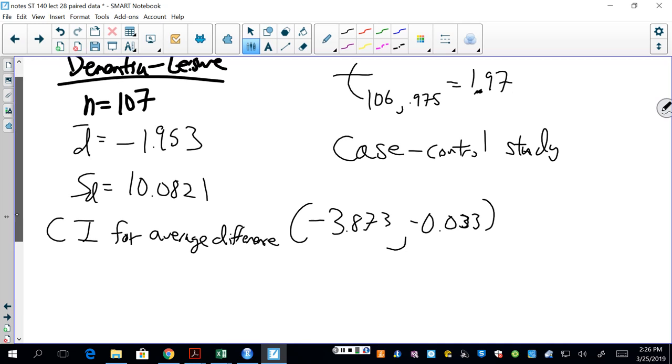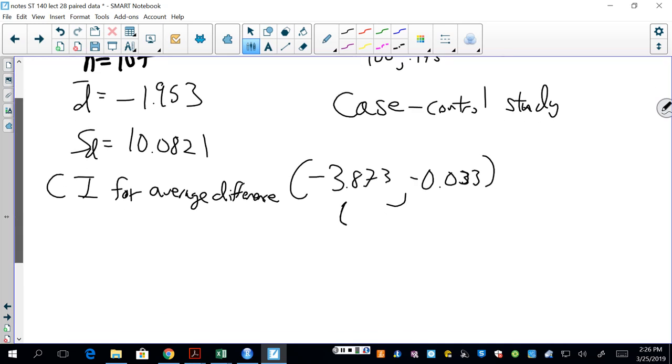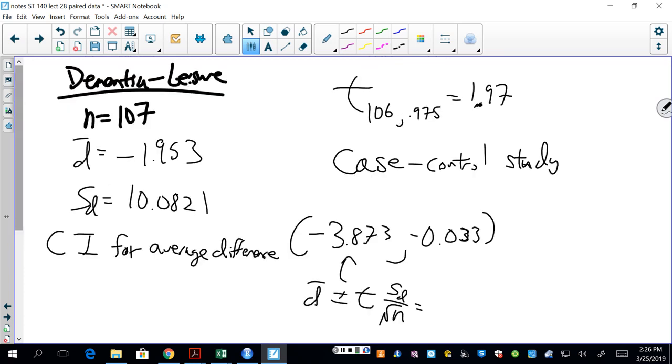So what did you do to calculate, say, the lower one? For the lower one, I did a t statistic. So I did d bar plus or minus t times the variance of d over the square root of 10. Plug in the various numbers, and you use this t, right, the 1.97?